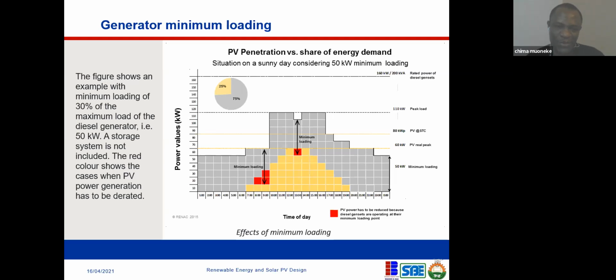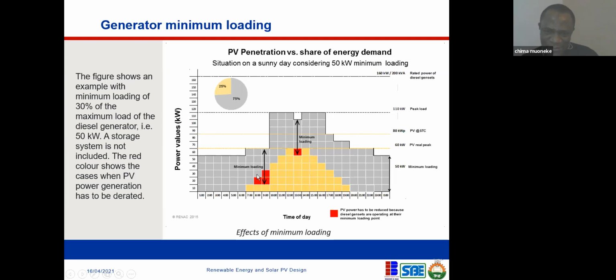Now, the red color that you see shows the cases when PV power generation has to be derated. Derated means that you have to curtail it. So now let us look at this. At 8 a.m., your total power is only 60. But your solar system is generating 20, meaning that your generator can only take 40, right?